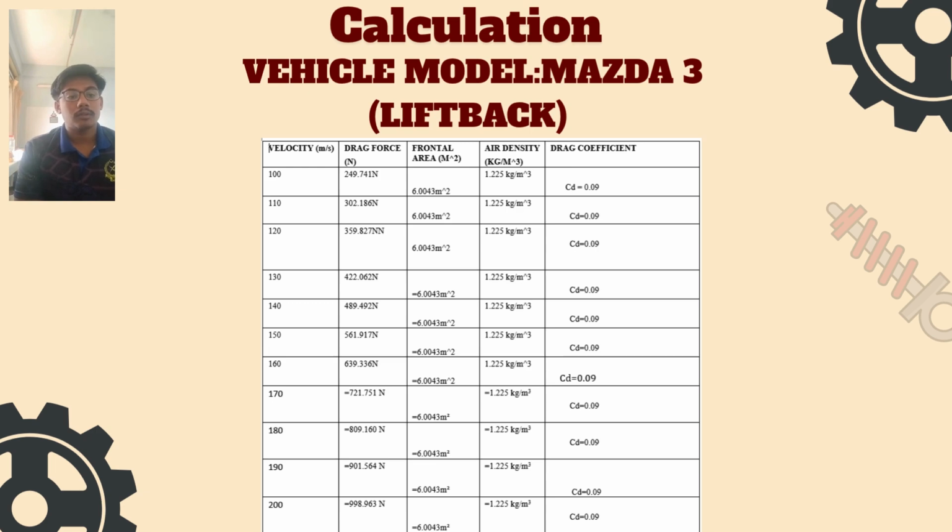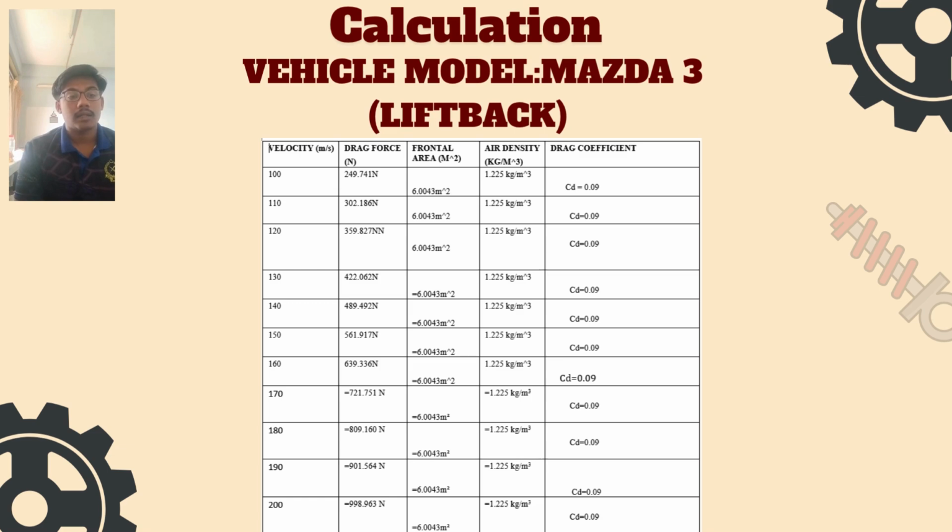First column, velocity 100. For drag force, we calculated and got 249.741 Newton. For frontal area it is 6.0043 m², for air density 1.225 kg/m³, and for drag coefficient we got 0.09.